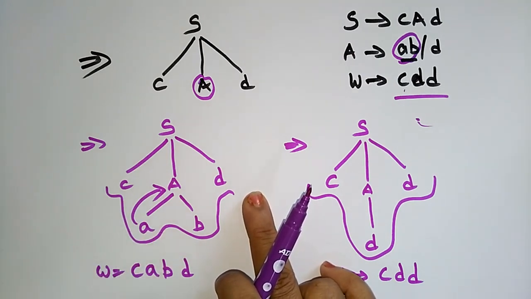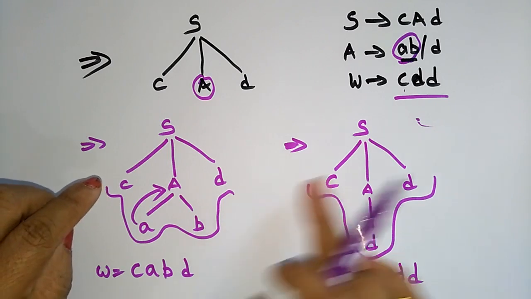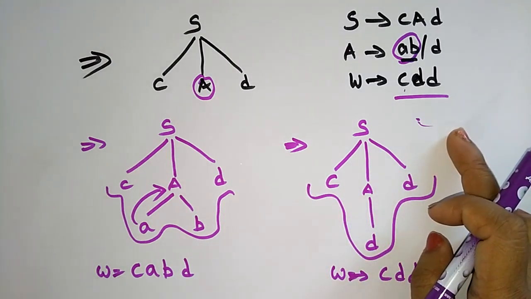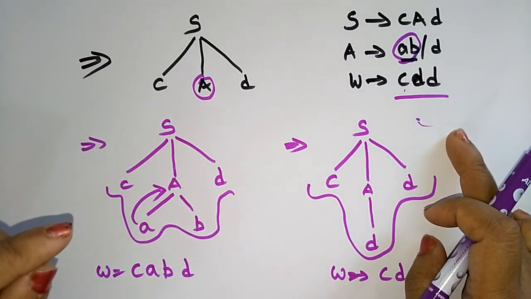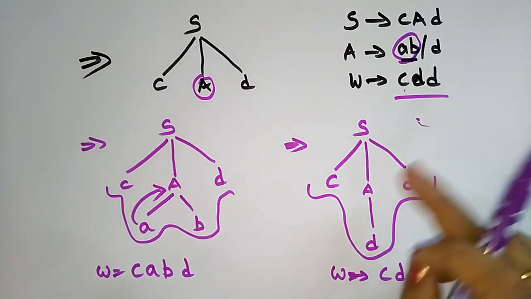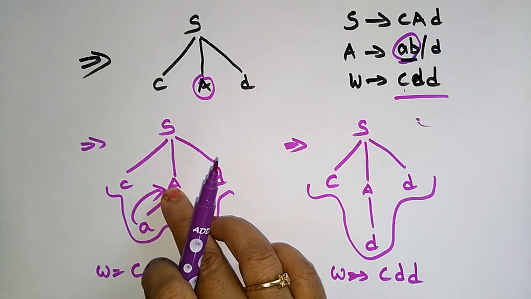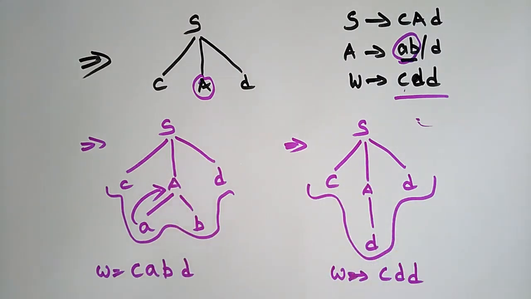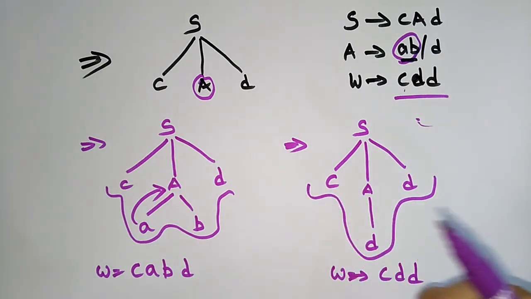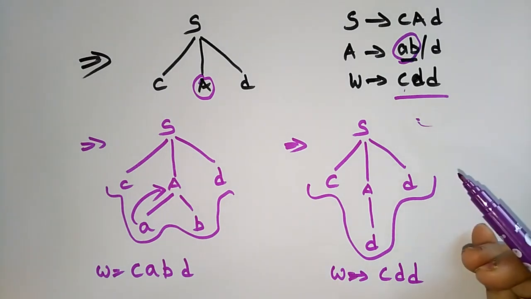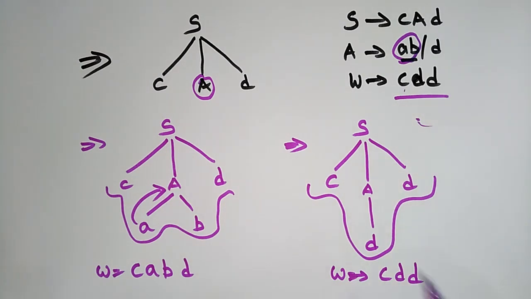That does not match the given string cdd. So again you need to backtrack. This time, backtrack to the previous step where A got expanded and try the alternative production of it. This production gives w equal to cdd, which matches the given string.